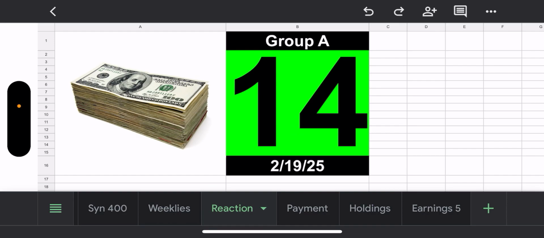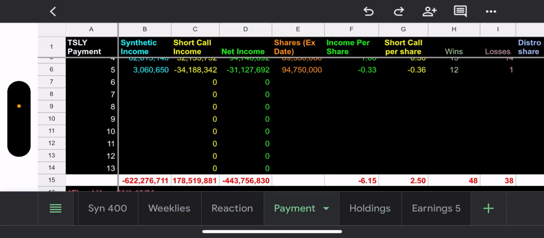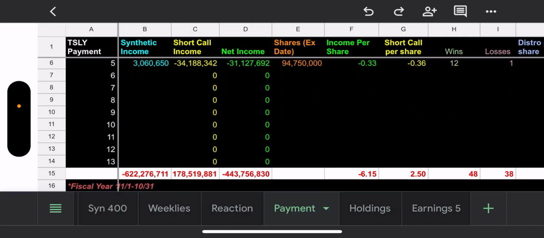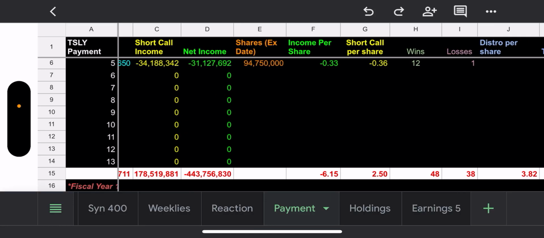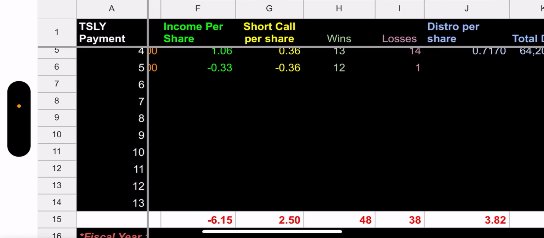Anyway, Group A declares at 14 days. So what do we got? We got synthetic loss. What? Yeah, they lost $3 million on the synthetic, but again, the weeklies produce 34.1 mil. So let's just look at the weekly income, 36 cents per share.